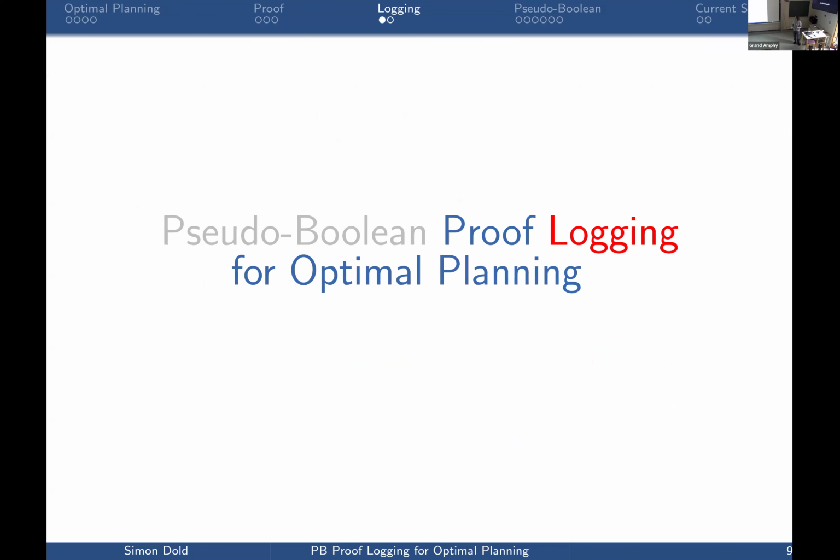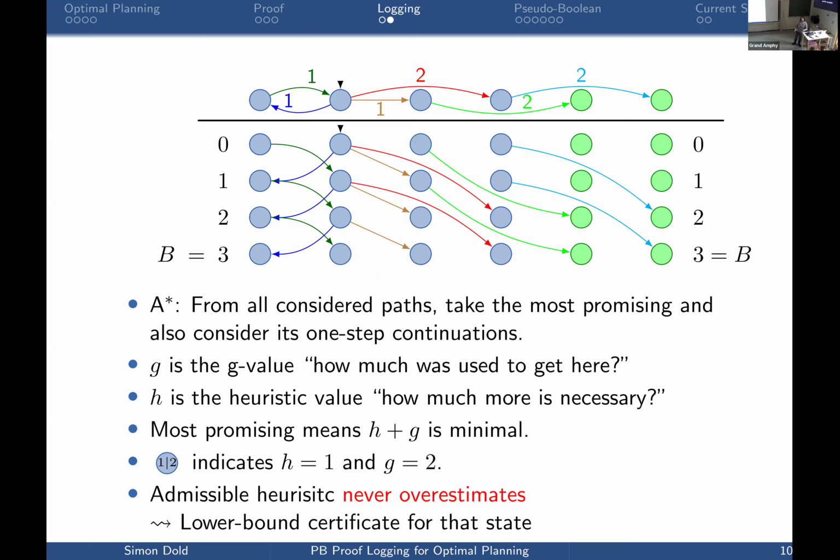Okay, now we come to the logging part. There we also have to look at how the planning system finds optimal plans. And there are different approaches.